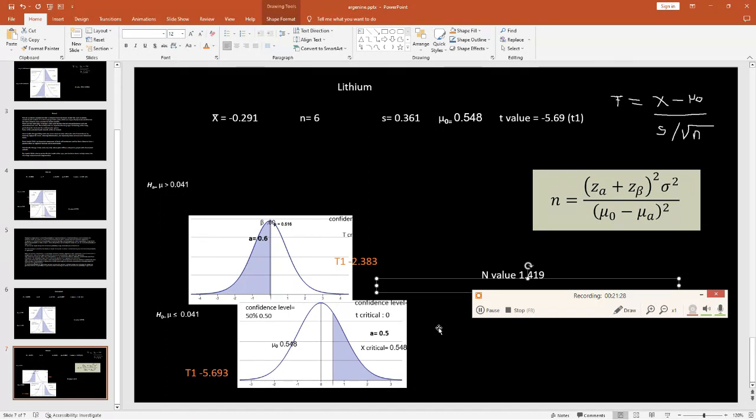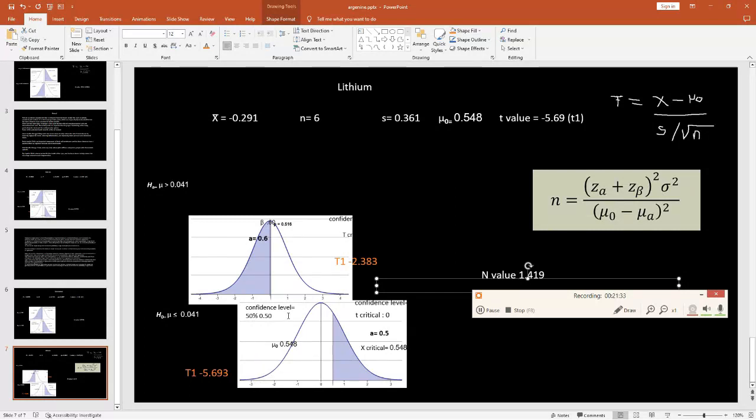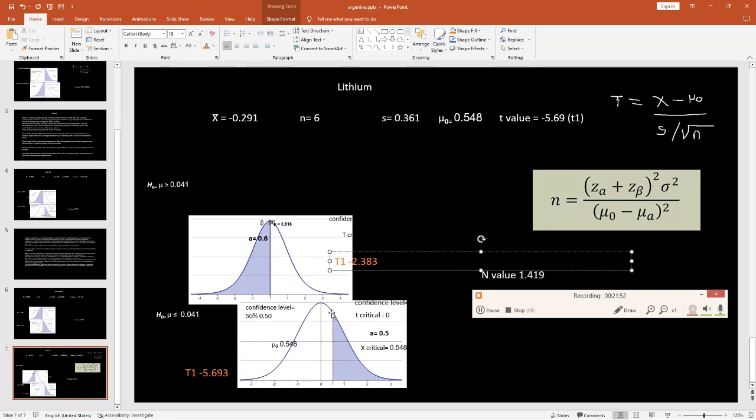I have a question. So now that it's aligned correctly, the t is aligned to the upper one, where it should be, which is 2.383, and the critical area, I mean not the critical area, the alpha here, it lands around here.